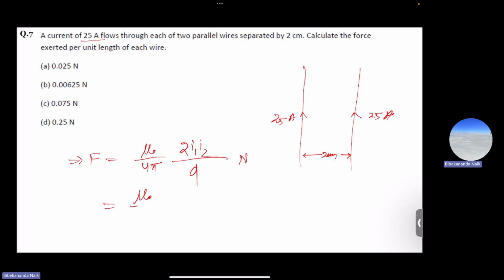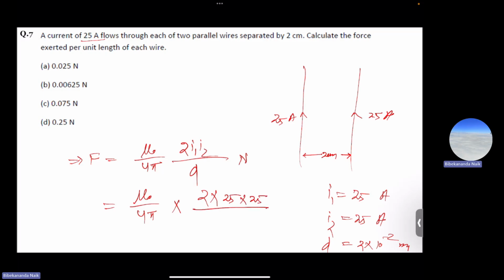So it is mu 0 by 4 pi into 2 into, here I1 equals 25 ampere, I2 also equals 25 ampere, and d is 2 into 10 to the power minus 2 meter. So 2 into 25 into 25 divided by 2 into 10 to the power minus 2.